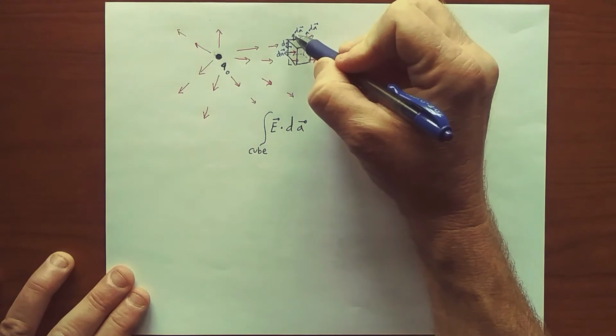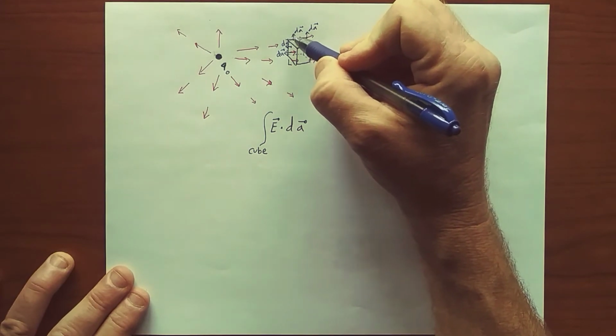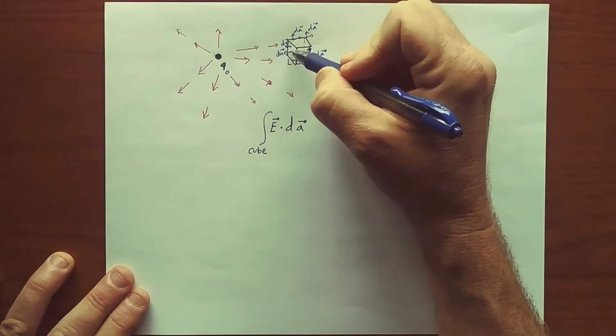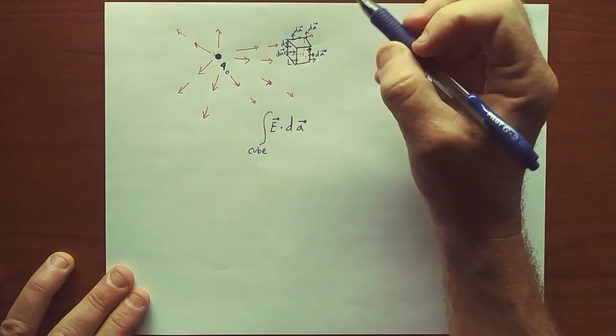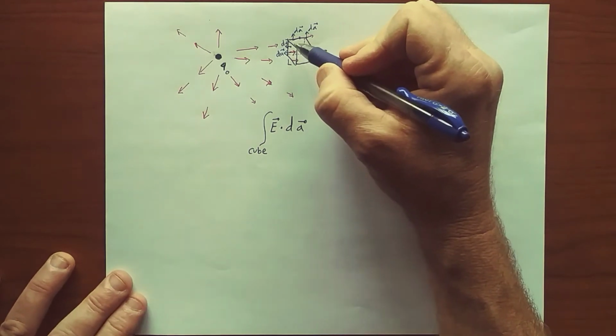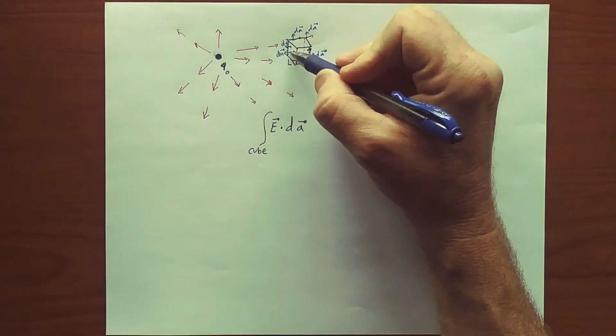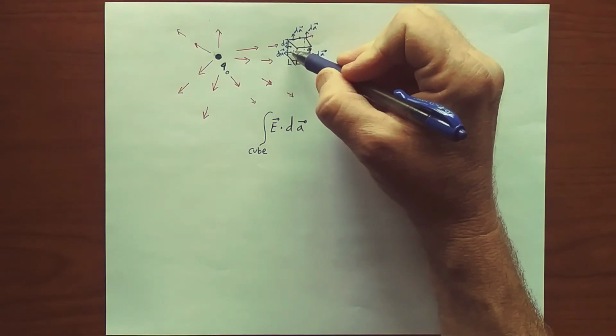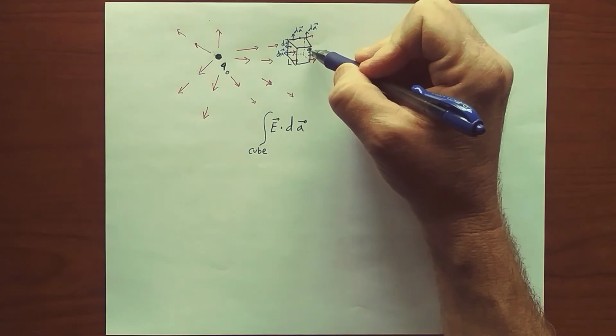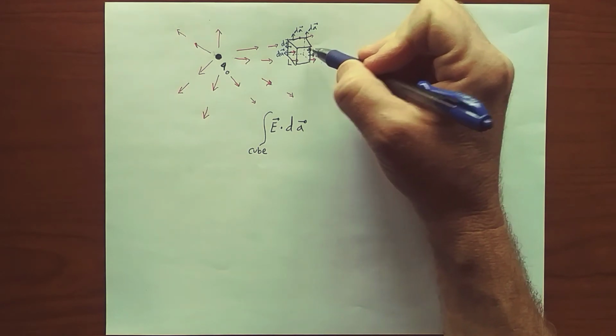There are places where dA dot E is 0, where the cosine of the angle is 0, like here. And here there are places where the cosine of the angle gives us -1. And on this side there are places where we get 1.